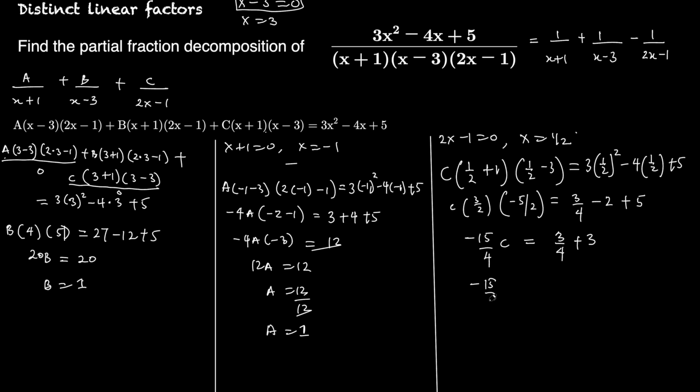So negative 15 over 4c is equal to 15 over 4 as well. So when you do that, we have c equals negative 1. So you can choose which of the methods you find convenient to use, the cover-up method or the full expansion method.